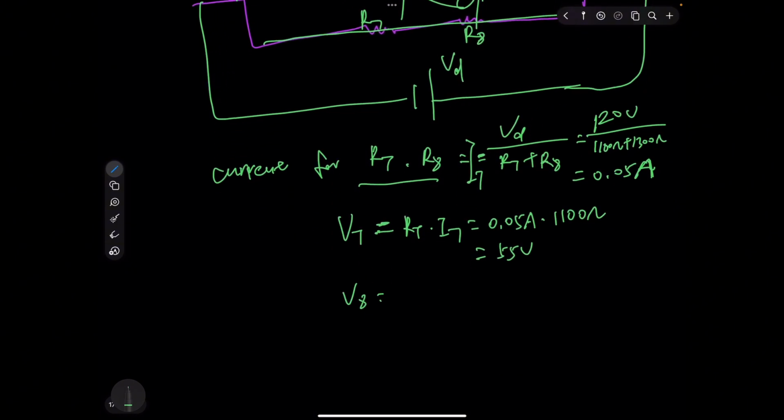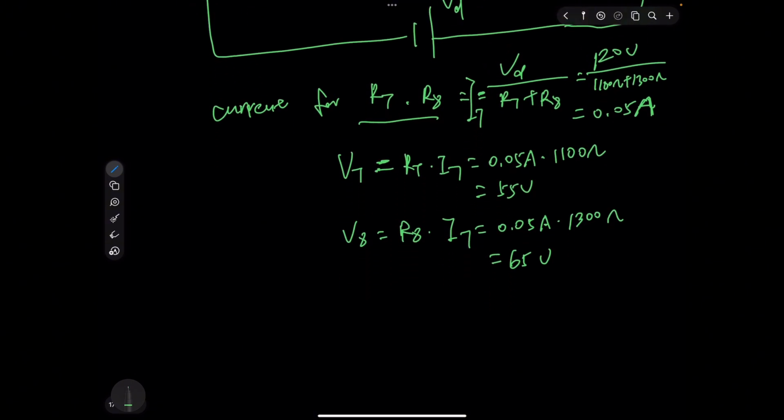And V8 will be R8 times I7, since they're in series, 0.05 amps times 1300 ohms, 65 volts.